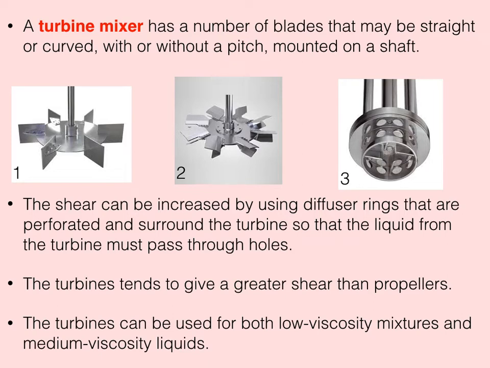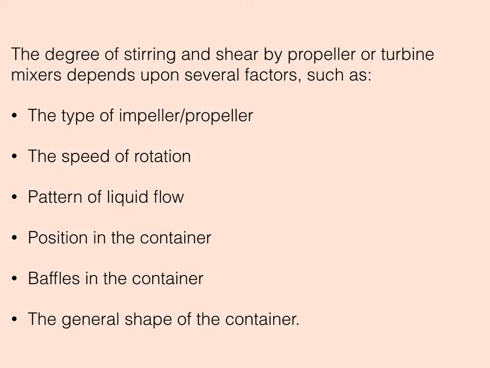The shear can be increased by using diffuser rings, as shown in the third diagram, that are perforated and surround the turbine so that the liquid from the turbine must pass through holes. The turbines tend to give a greater shear than propellers. The turbines can be used for both low viscosity mixtures and medium viscosity liquids.